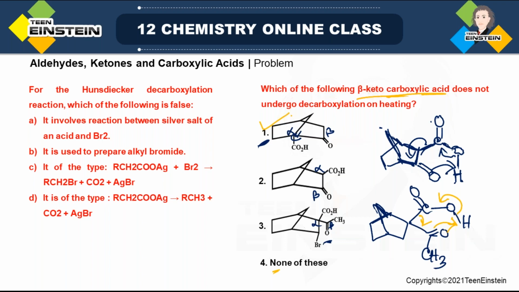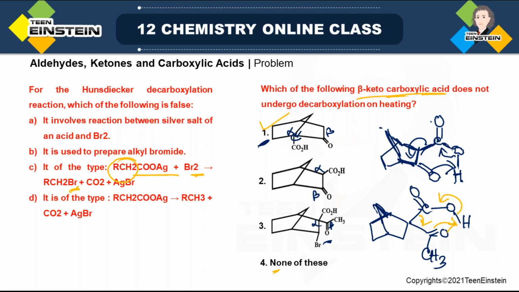Now the third one is an equation, RCH2CO2Ag. So this is the silver salt of a carboxylic acid. You are using bromine, fine. And what are you getting? You are getting RCH2Br. So in general, if you consider the Hunsdiecker equation, this alkyl part which is present in the carboxylic acid is, in the final product, attached to the halogen atom.